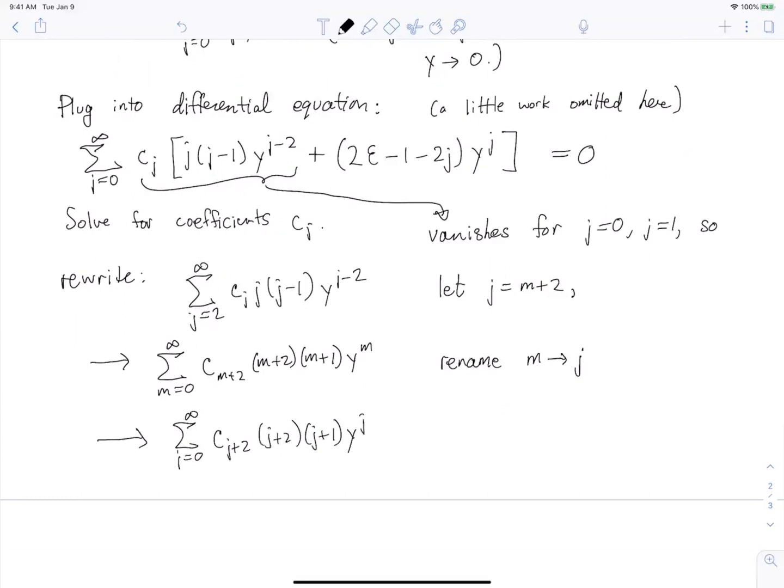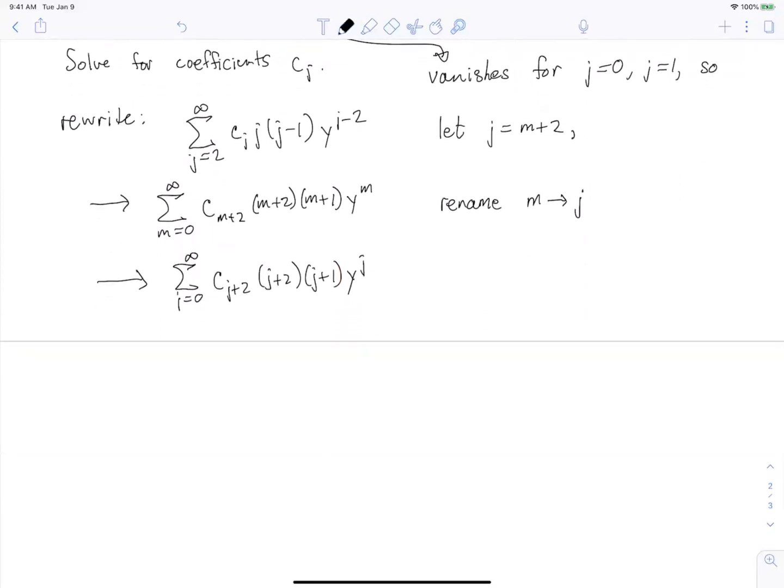The advantage of doing these little tricks is that now if we stare at the two terms, there's a term with y to the j, and we've successfully turned the term with y to the j minus 2 into one that is also proportional to y to the j. That means we can pull out a common factor of y to the j.